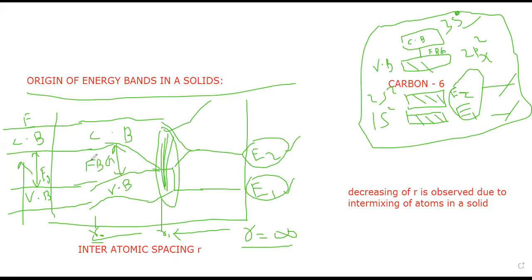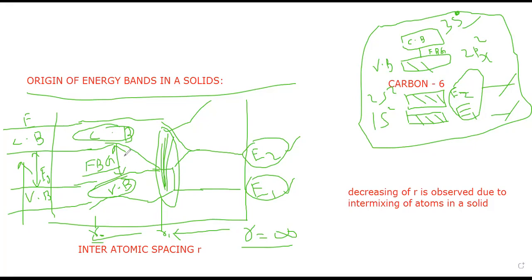Based on this forbidden energy gap, solids are classified into three kinds: conductors, semiconductors, and insulators.